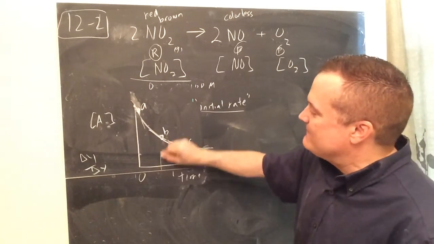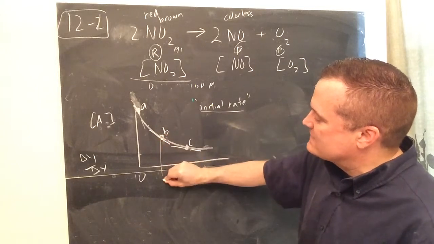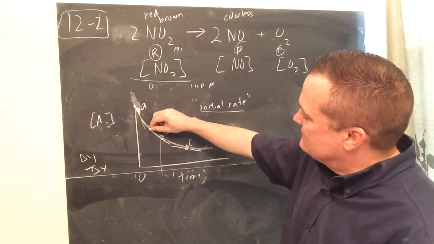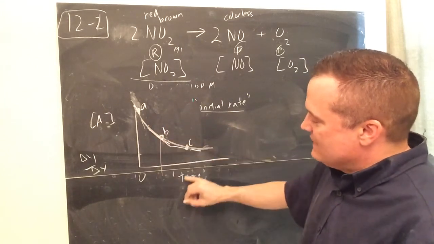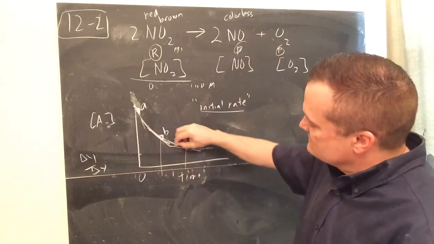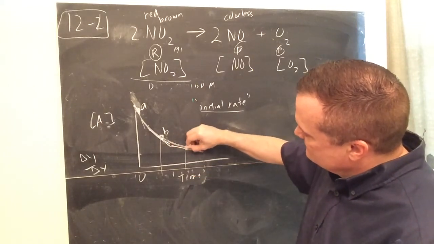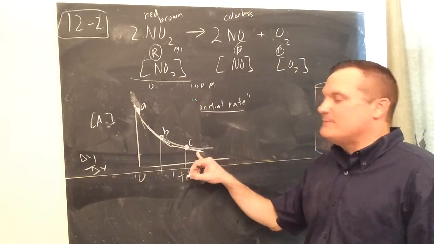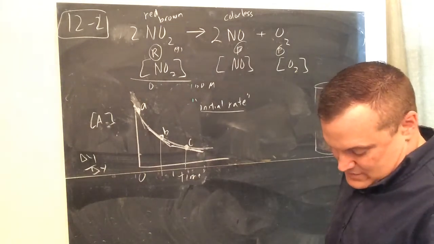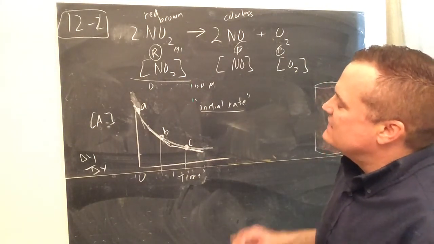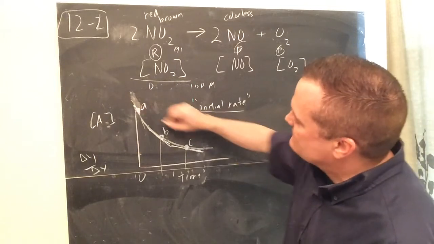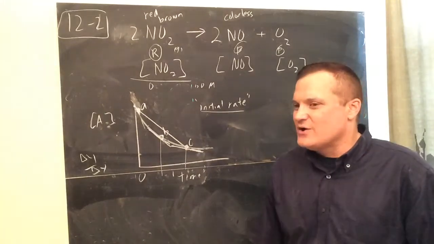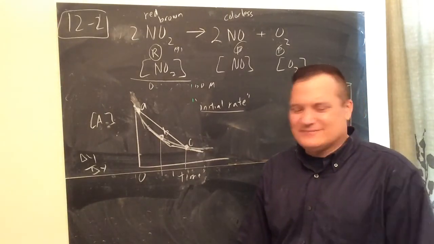So at time 1, for point B, the instantaneous rate would be the slope of the line tangent to point B. At time 2, if I draw a line tangent to the curve at point C, the slope of that line would be the instantaneous rate at C. And then average rate, if I had to pick two times, from time A to time C, the average rate would be the slope of the line from A to C. So this is kind of technical.